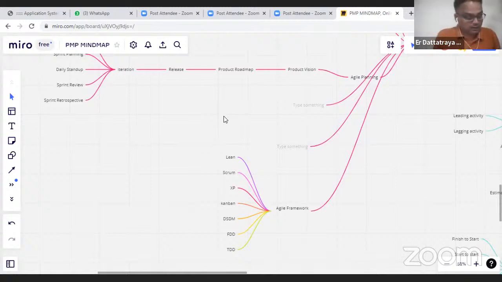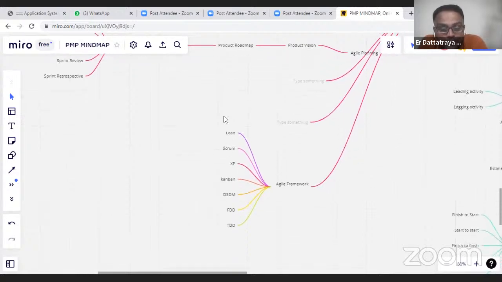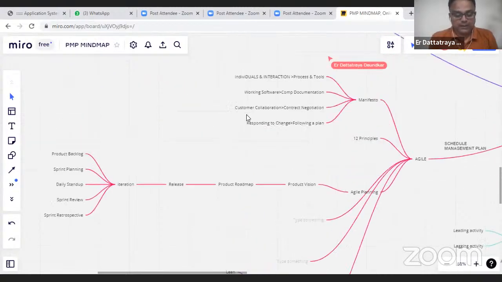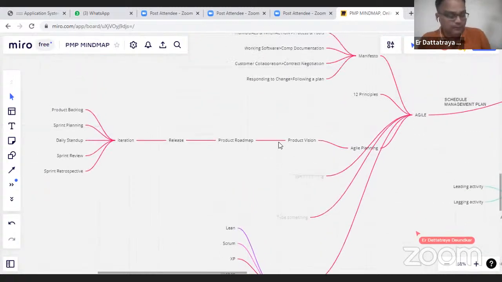Other types are Lean, Scrum, XP, Kanban, DSDM, FDD, and so on. But they are not covered in detail for our exam. We have not gone through them in detail due to lack of time.